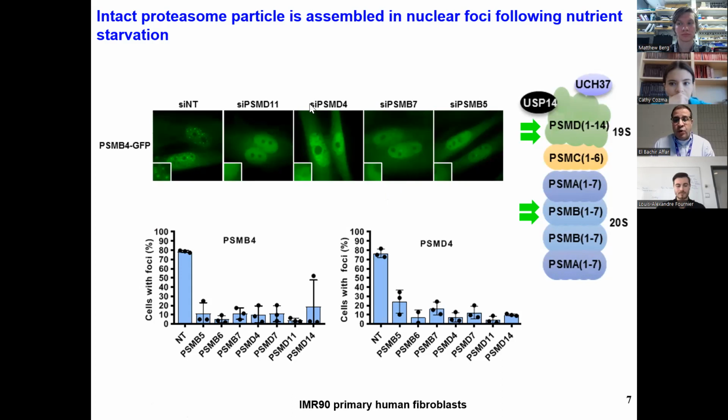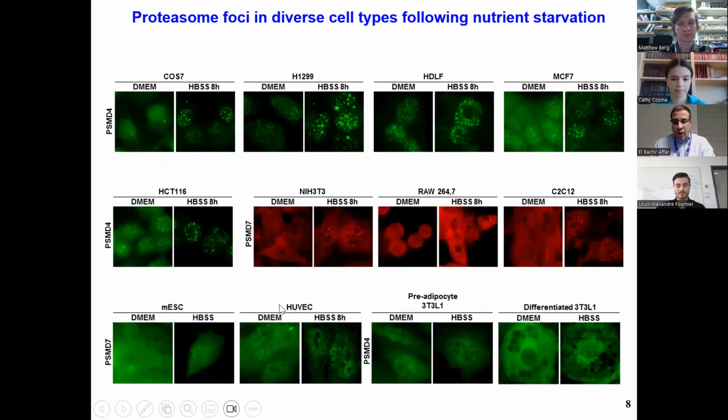Now he wanted to know whether proteasome integrity is required for the formation of these proteasome foci. So we, for example, depleted a component of the proteasome, for example, here D11 and D4, or PSMB5 and PSMB7. And in each case, you can see that the cells lose the ability to form these proteasome foci.